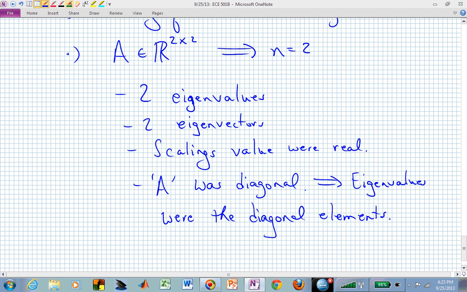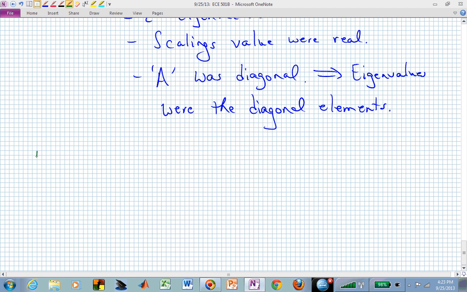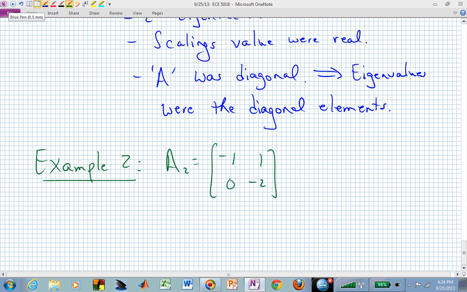What about another example? Suppose we say A2 is [-1, 1; 0, -2]. This matrix also has a particular structure. It's referred to as upper triangular.